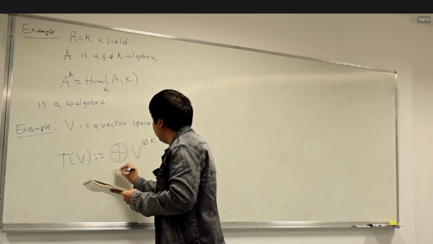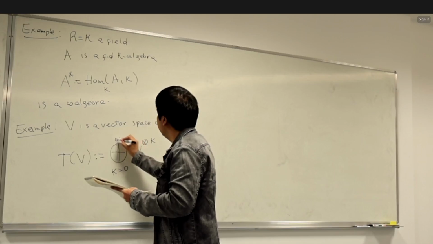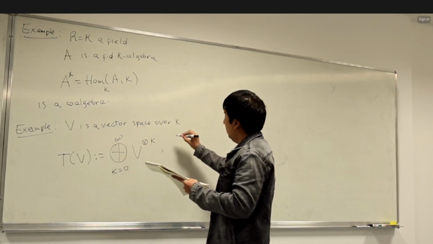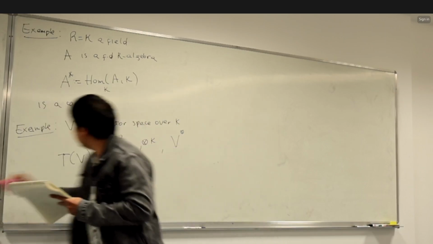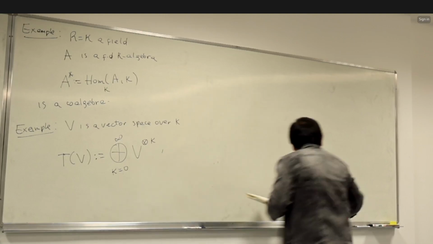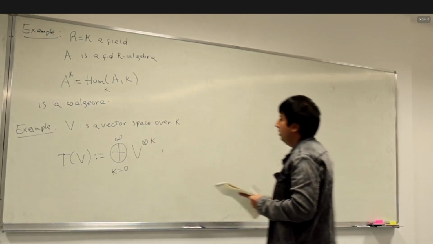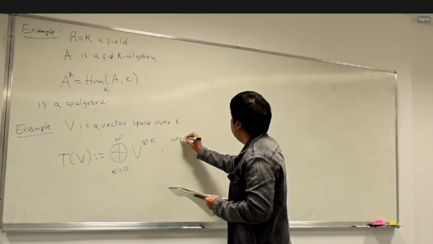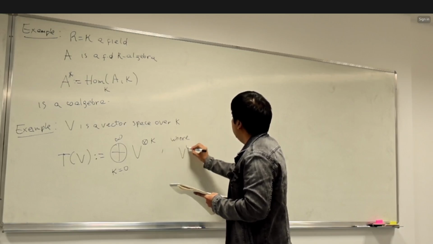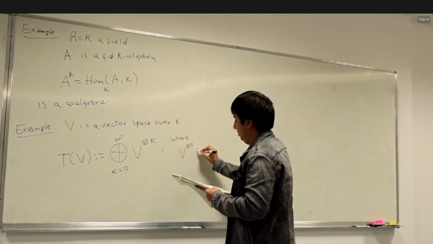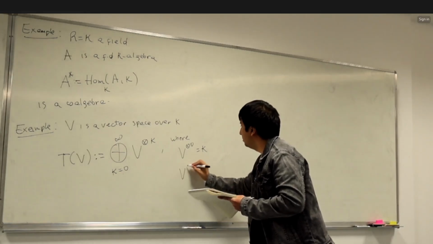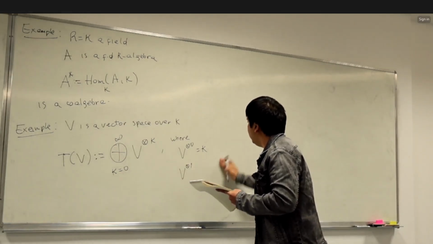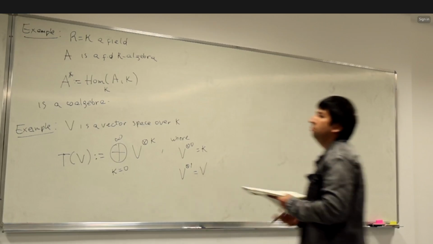It is a direct sum, where, sorry, just to clarify, when k is 0, it's just the field K, and when k is 1, this is just B. Okay.